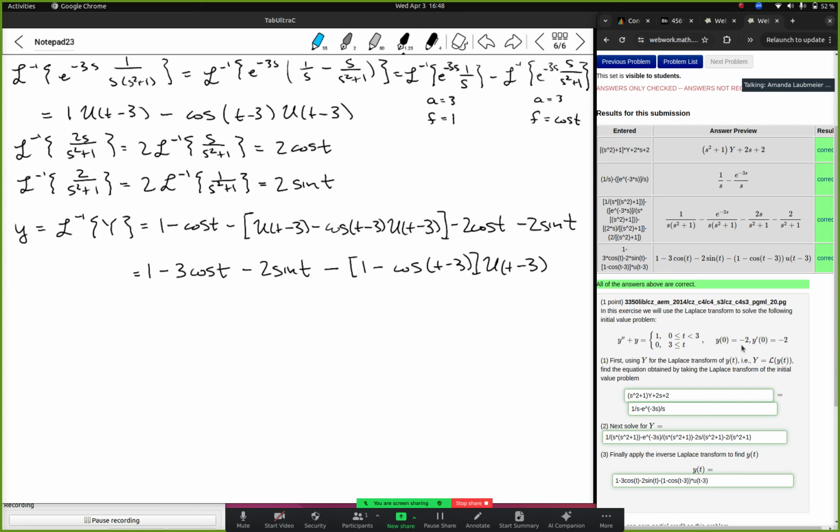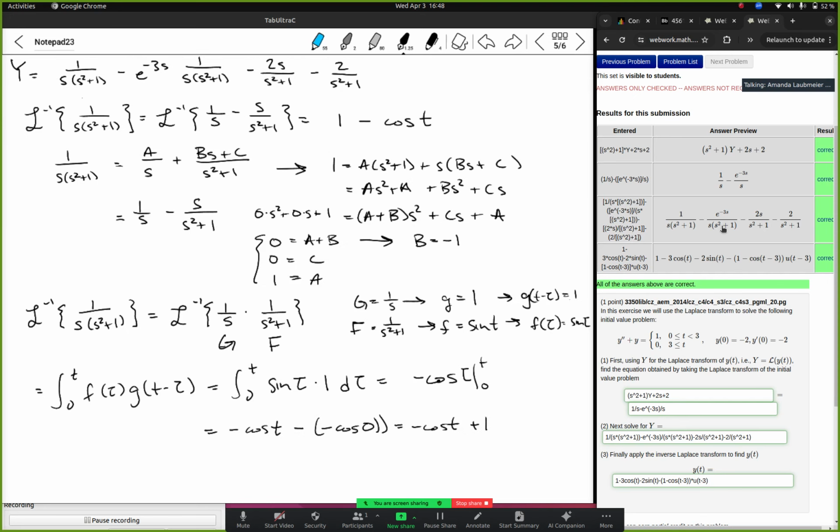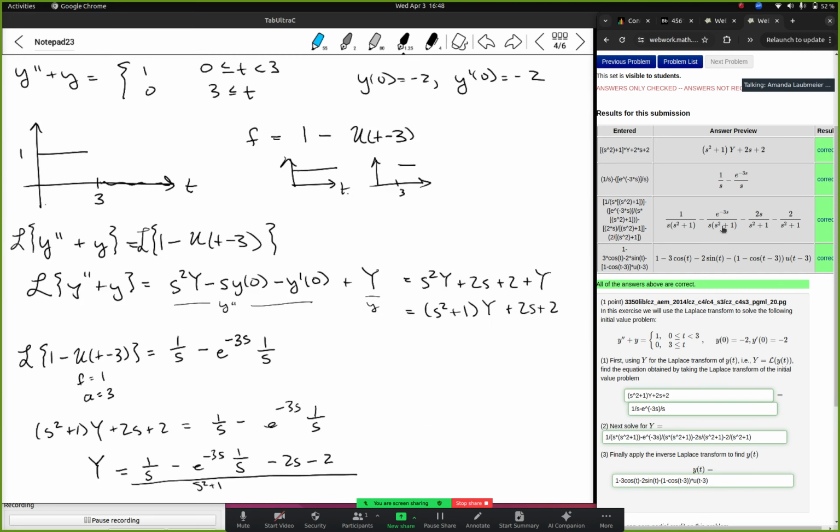I think one warning, the WebWork that I got, the decomposition leads to having s squared plus 1. That comes out of having y double prime plus y here. So if you have a different number right here, be careful because you're probably going to have sine or cosine of a different constant.